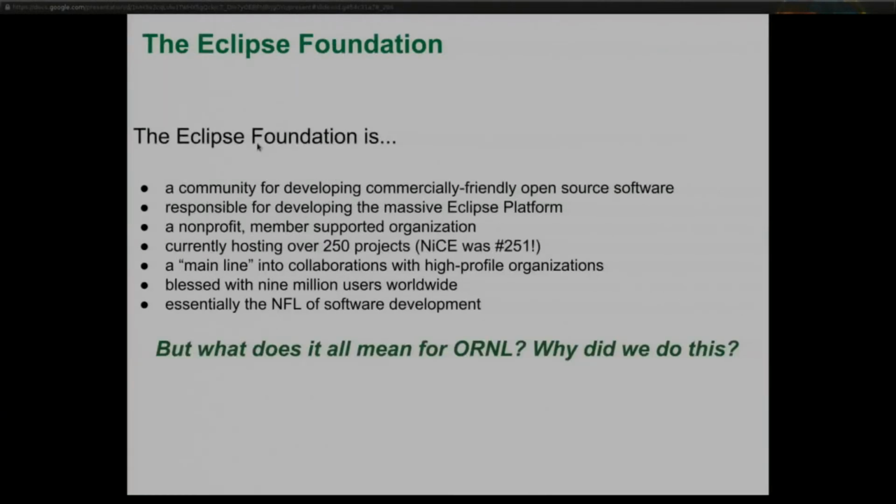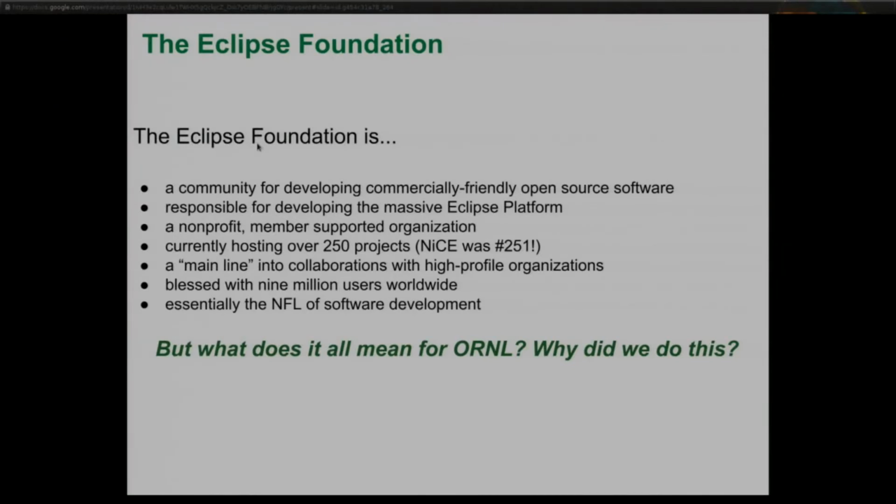Okay, so let me tell you why we joined the Eclipse Foundation. Andrew gave a good discussion on this, so I'll gloss over these points and then go to what benefit we get out of it. I will say that there are over 270 projects now. I know there are over 250 because we were 251.